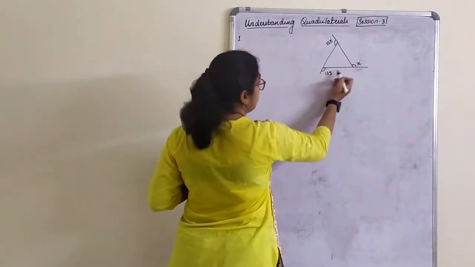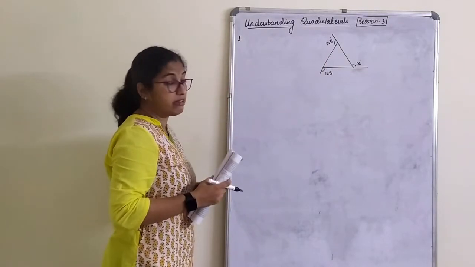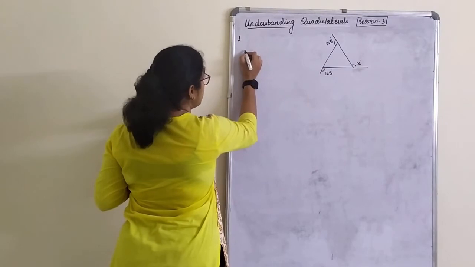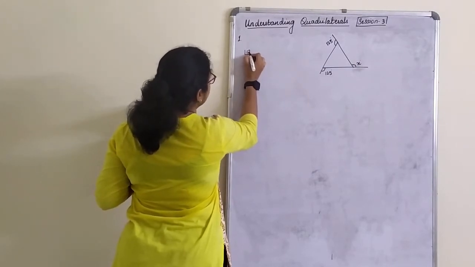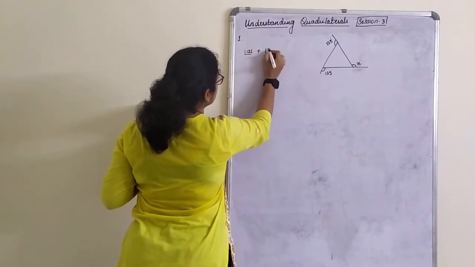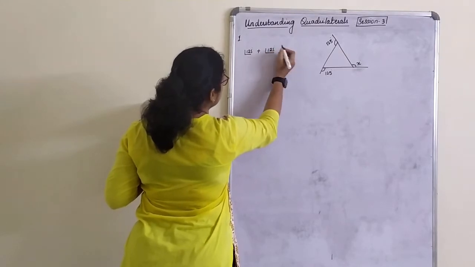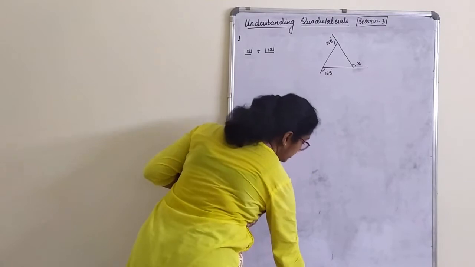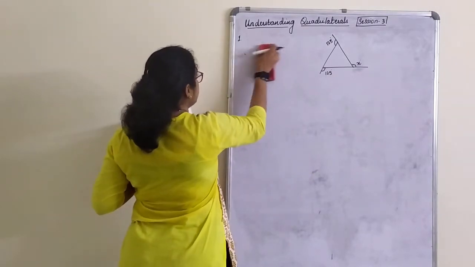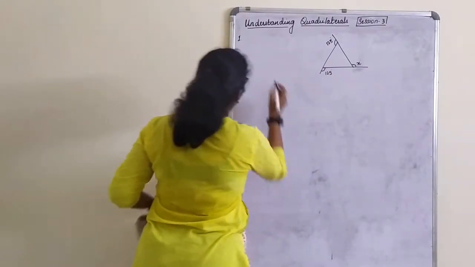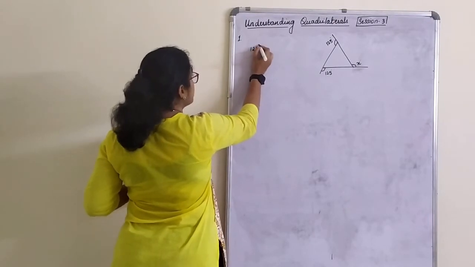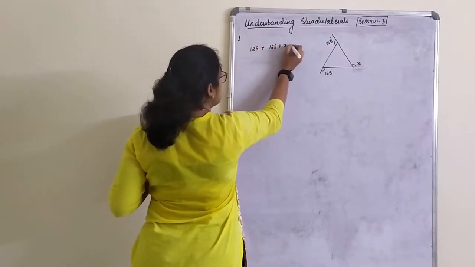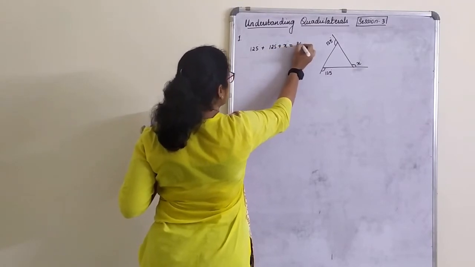A triangle is given with two exterior angles marked. Directly you can write 125 degrees, since it's an angle only; why write the next angle again? 125 degrees plus 125 degrees plus x is equal to 360.